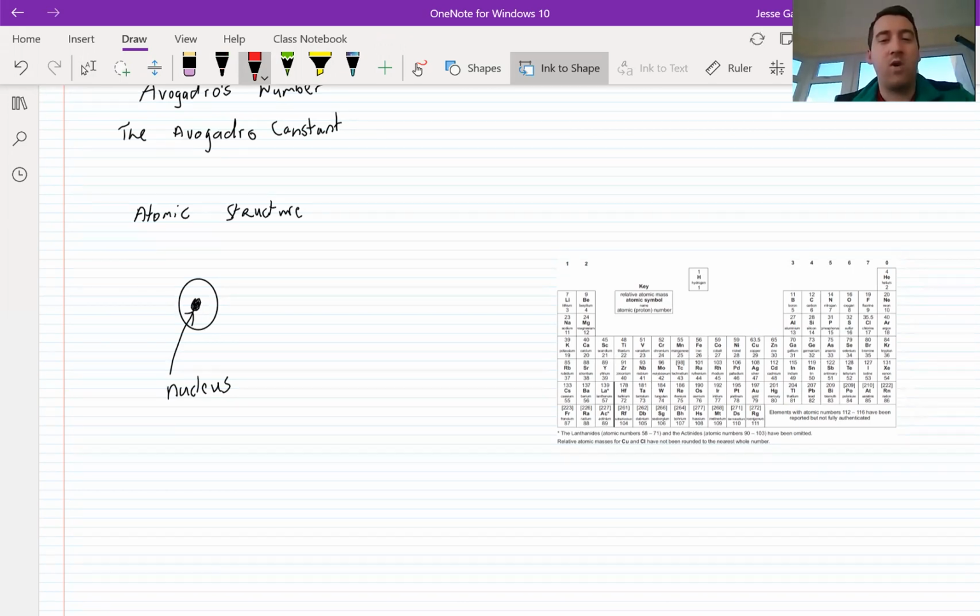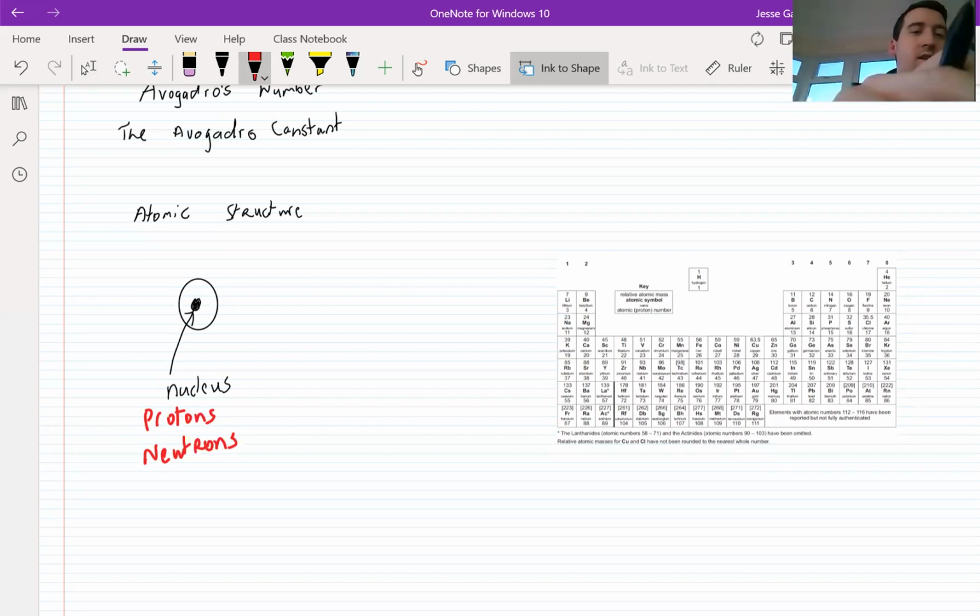What are the names of those 2 particles? On 3, I want you to speak your answer out loud to the screen. 1, 2, 3. Okay, I'm hoping that you said in the nucleus we find protons and neutrons. Protons and neutrons are found in the nucleus.